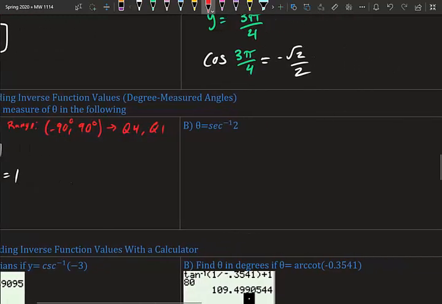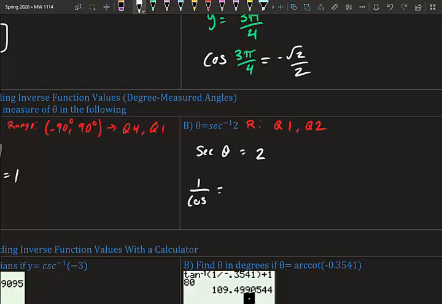Alright, for our secant, our range is in quadrant 1 and quadrant 2. So we want to be looking for values in those two quadrants. So let's move it over. We'll have secant theta equals 2. And remember, secant is 1 over cosine. So we want to look for a 1 over cosine that equals 2.